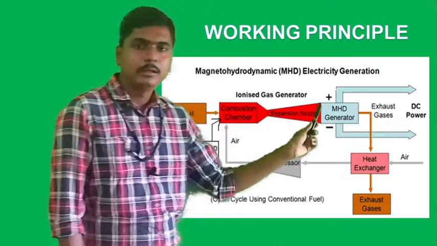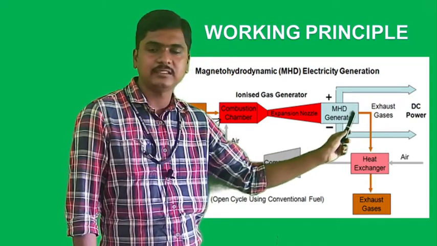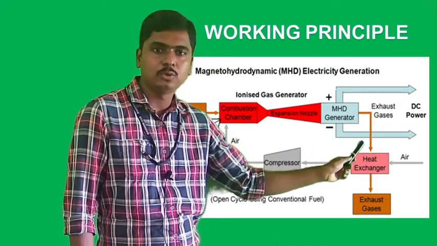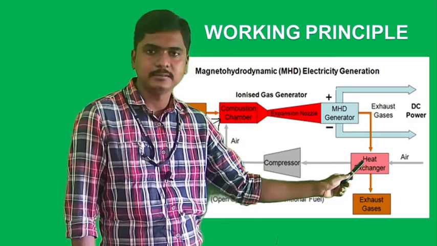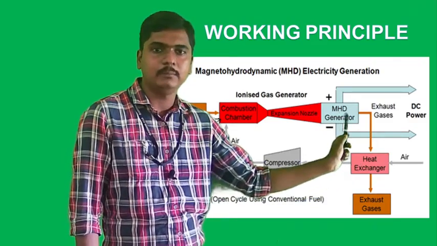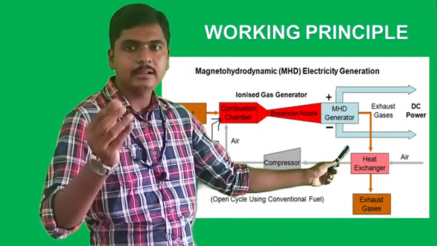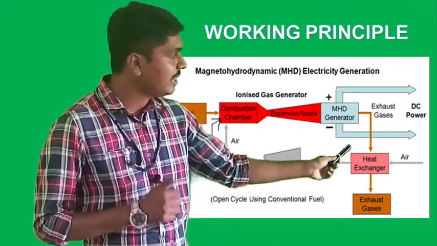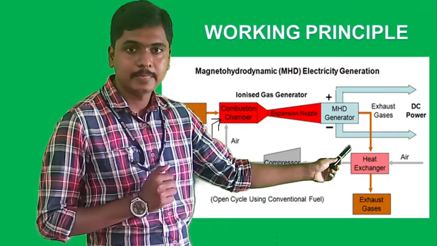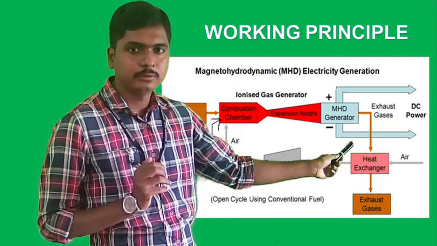Now after producing the current, the exhaust gases will flow through the heat exchanger. Here what happened? The gas coming out from the MHD generator will be at a higher temperature compared to atmospheric temperature. Now we are going to use that temperature also.